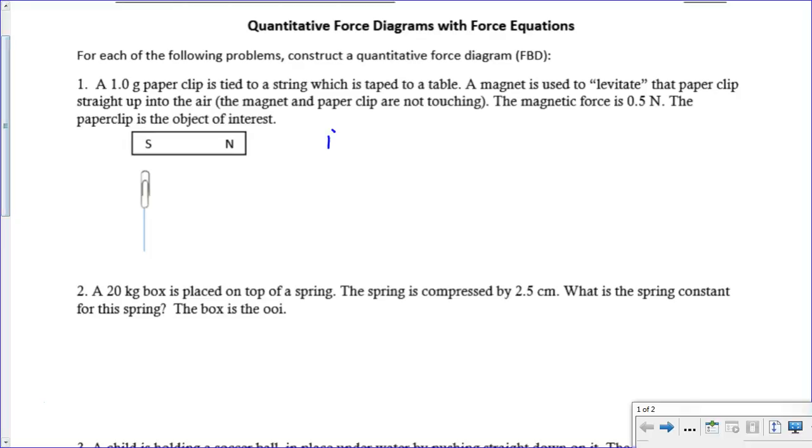So step number 1 is going to be to make an FBD, which is just a force diagram or a free body diagram. The second thing is going to be to put in the forces that you know. Add in the numbers that you know, or that would be easy to find.